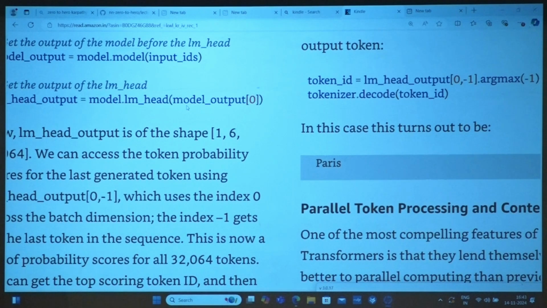Argmax, you will recollect, gives you the maximum, because I am looking for the maximum probability. That token ID I am decoding and giving as the output. That is how the output is getting generated.